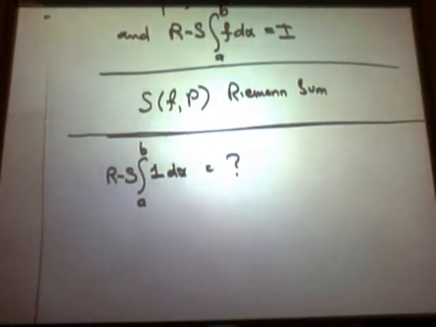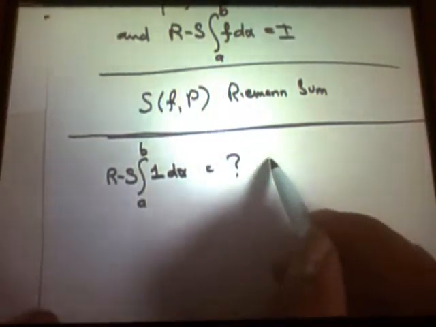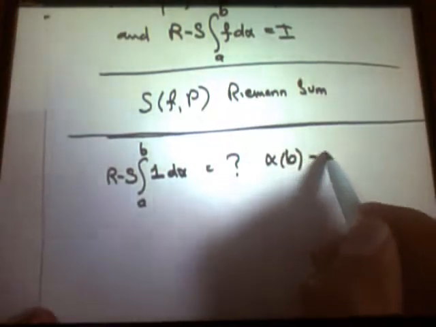Well, what would an appropriate Stieltjes sum look like? The f of Ci would just be 1, right? Then you'd have a delta alpha i, and you'd just be summing those up over the partition, right? The delta alpha i sum. That's a telescoping sum, you know. So you get alpha of b minus alpha of a. That's the total weight of the interval. Okay, I think you like that. Everyone okay with that? So we think this is alpha of b minus alpha of a.